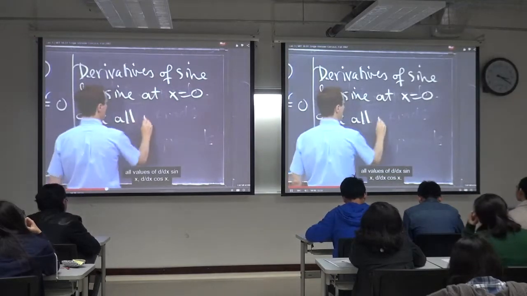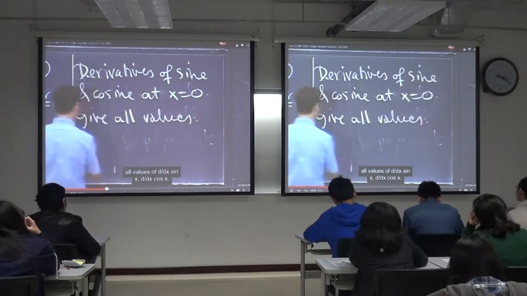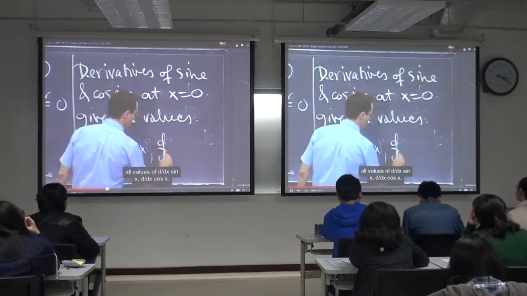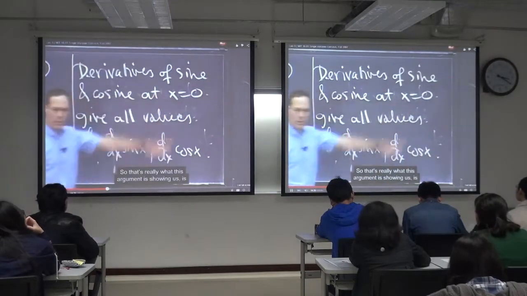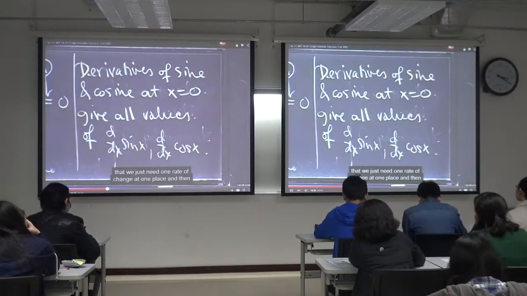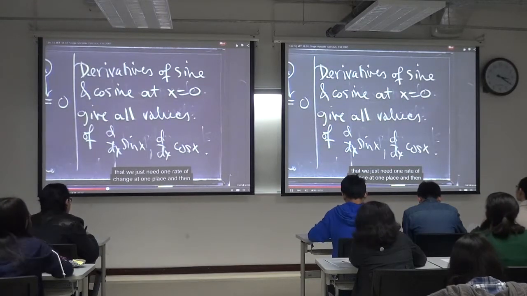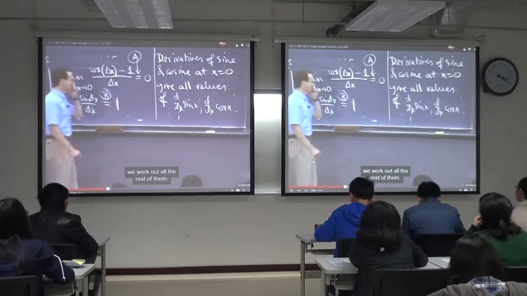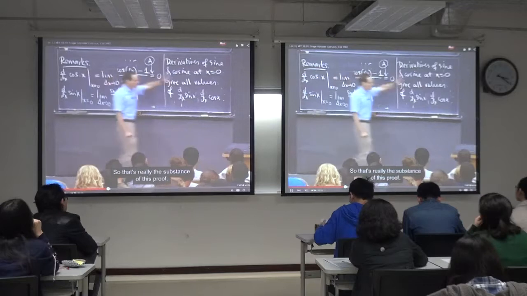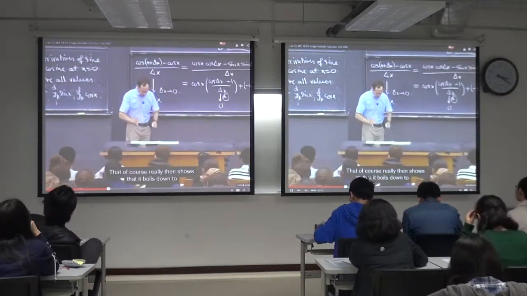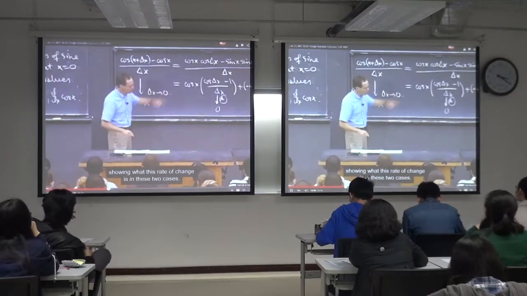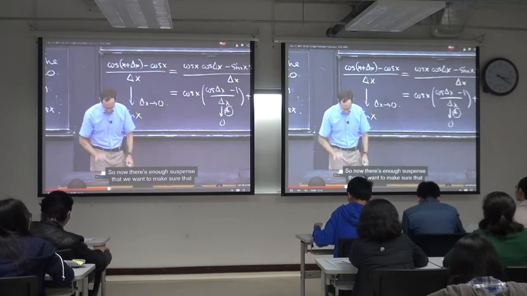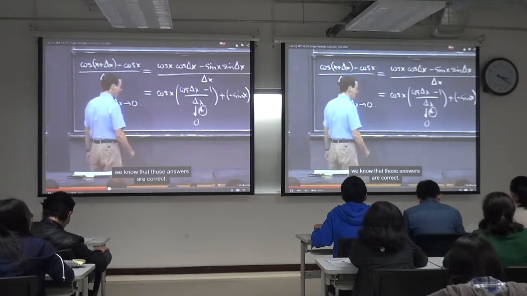So that's really what this argument is showing us, is that we just need one way to change it in one place and then work out all the rest of it. So that's really the substance of this proof. It boils down to showing what this rate of change is in these two cases. So now we want to make sure that we know that those answers are correct.